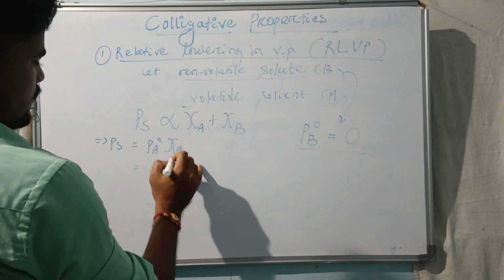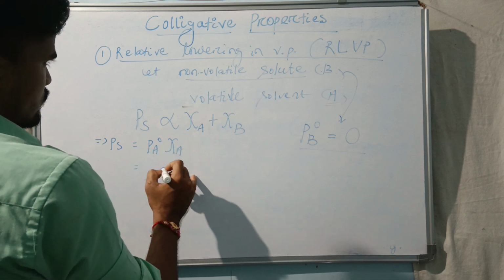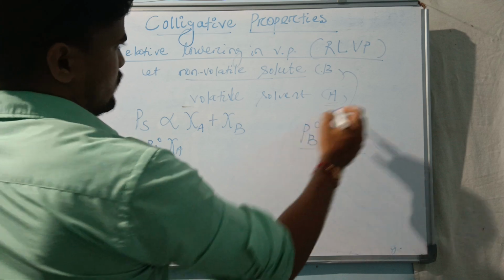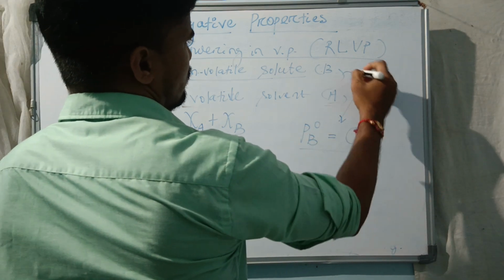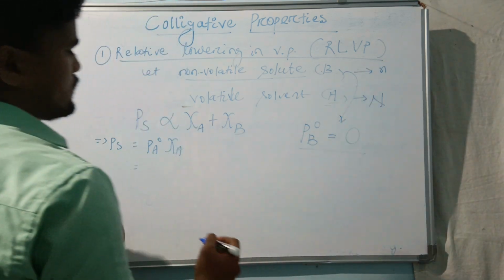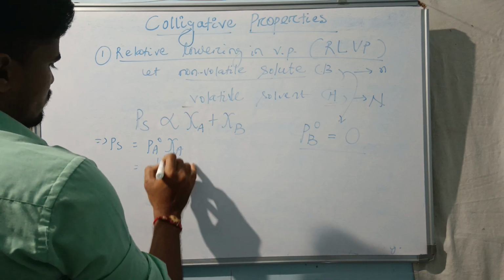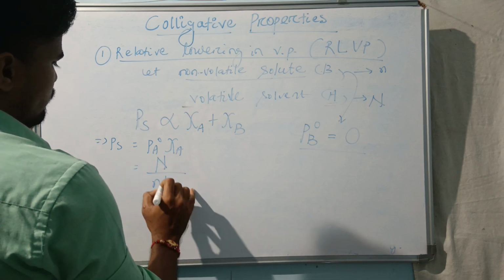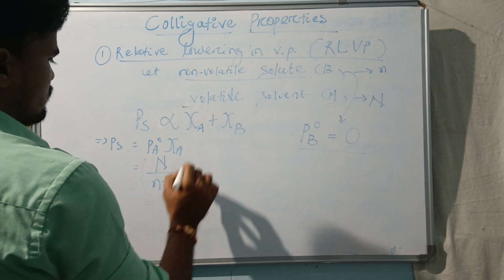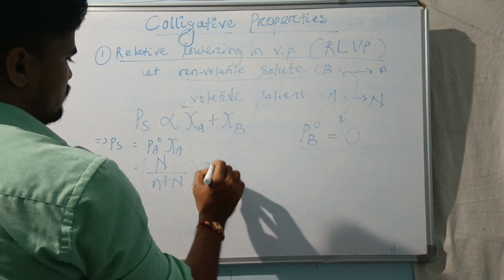Chi means the mole fraction. Suppose the moles of A is n and for B is small n, right? So chi A is n upon n plus small n, multiplied by PA naught.